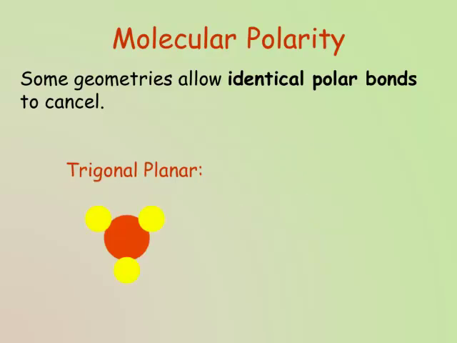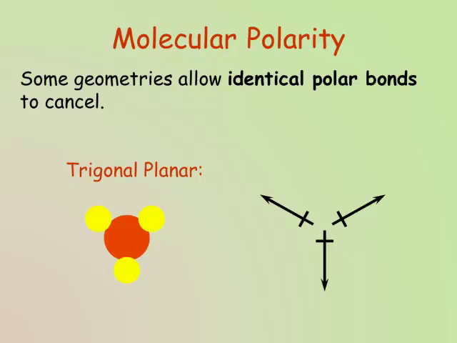The same is true for a trigonal planar molecule. This one might be harder to visualize unless you've studied vectors. In a trigonal planar molecule drawn in the orientation we have here, two bonds are pulling up and out. One bond is pulling straight down.